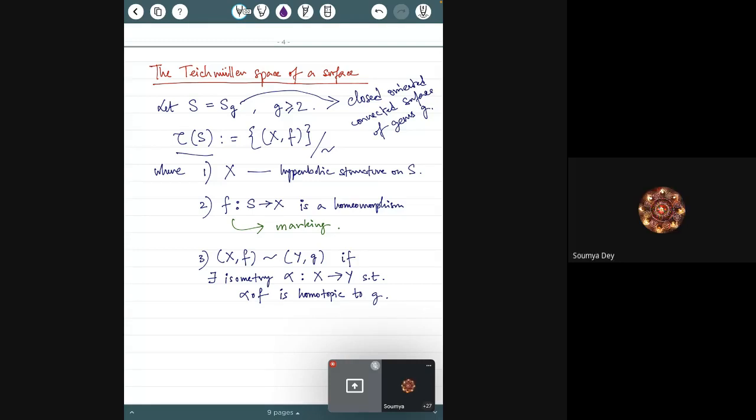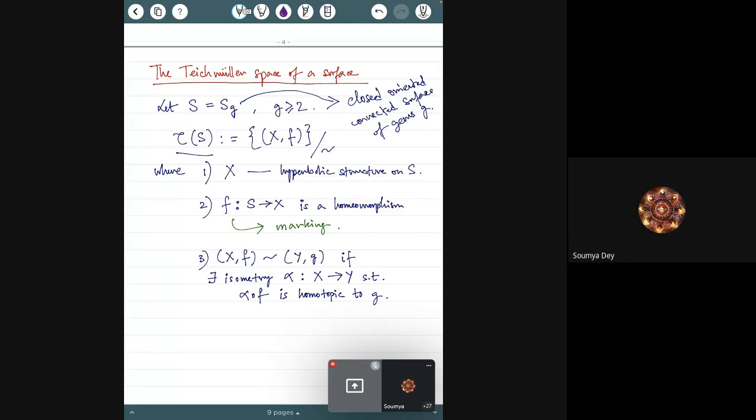But I need to check whether for such a punctured surface that theorem is true or not, whether given any isotopic class, there is a unique geodesic or not.